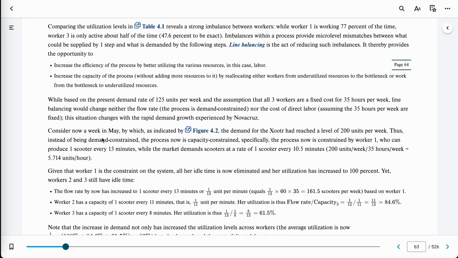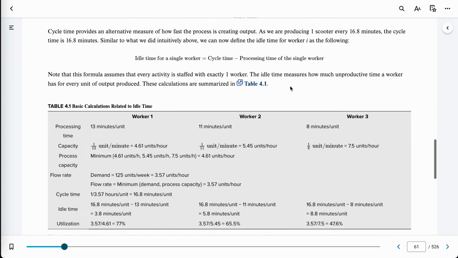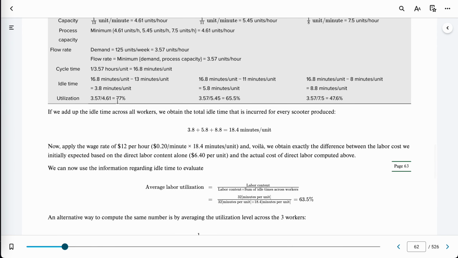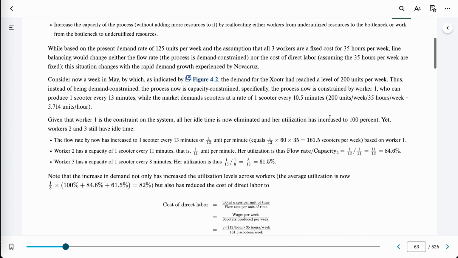Now, consider a week when demand was 200 zooters per week. In the case when demand was 125 units per week, we saw that the utilization for the 3 workers was 77%, 65.5%, and 47.6%. But let's consider one of the weeks in May when demand shot up to 200 units per week.